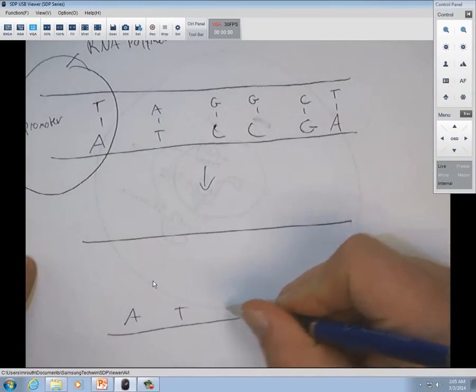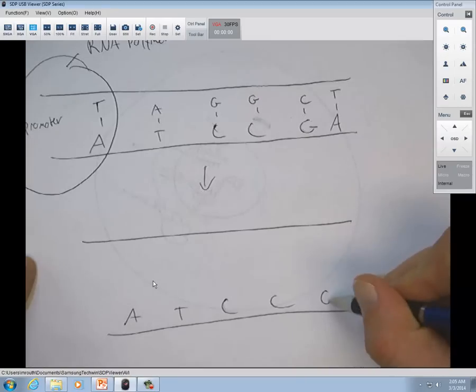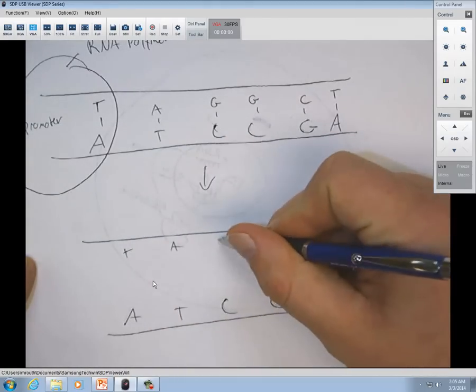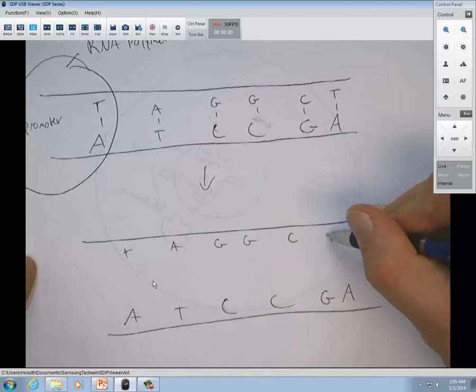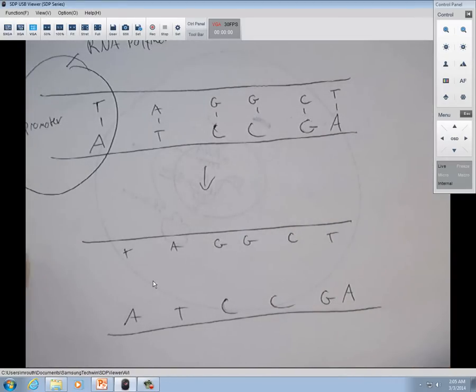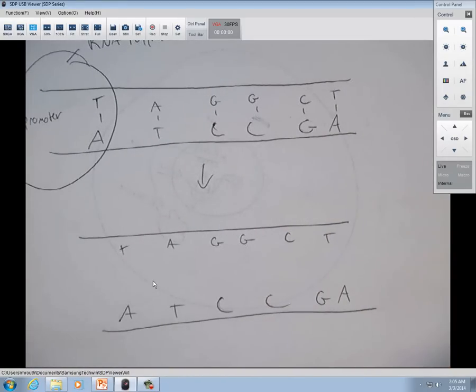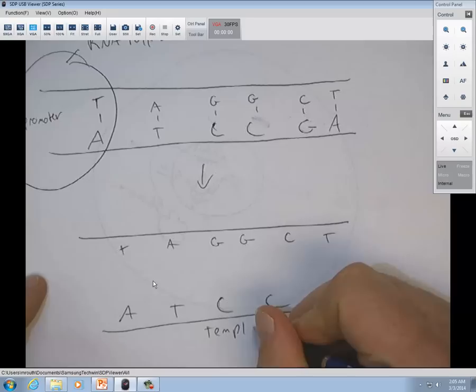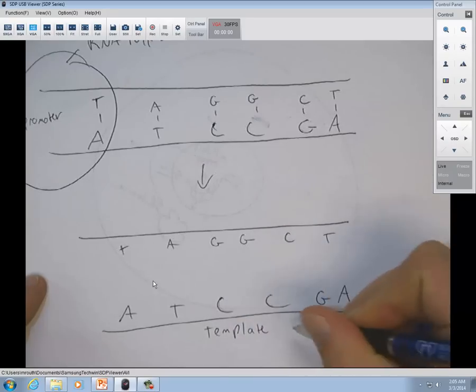We still have the same sequence, A, T, C, C, G, A. And up here we have T, A, G, G, C, T. And remember, not both strands are going to be transcribed, only the template strand. So we'll call this bottom one the template strand of DNA.